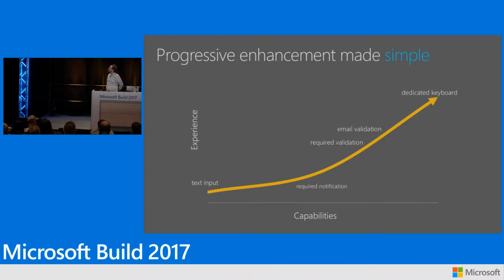Somebody's calling me. All right, so if we were to plot the experience along this chart here, we start with that basic text input, and then an enhancement to that is that this field is required, right? Then we notify the user that it's required. That's the assistive technology piece, the ARIA bit.